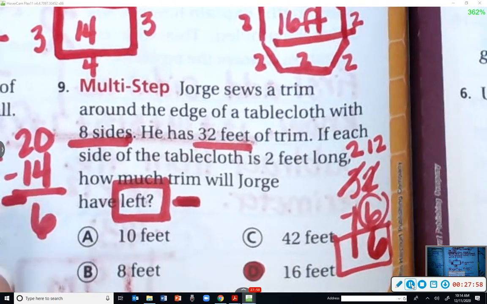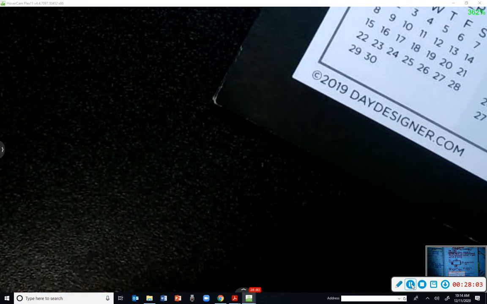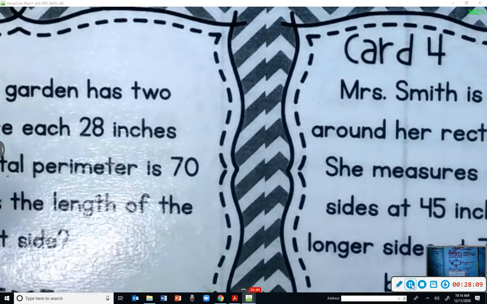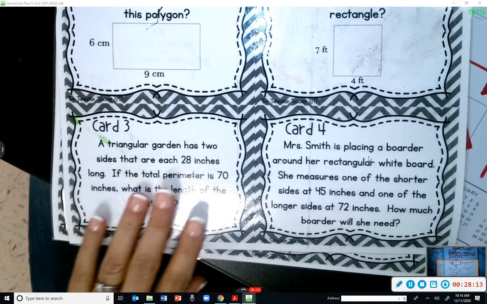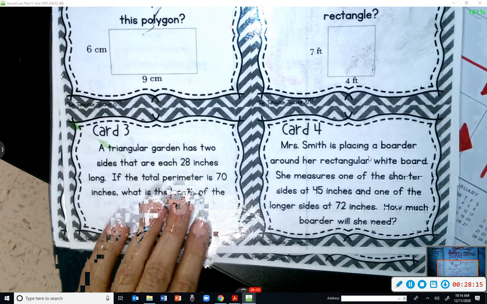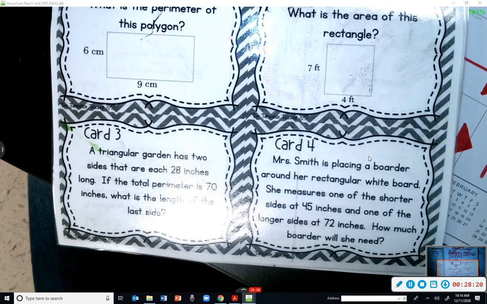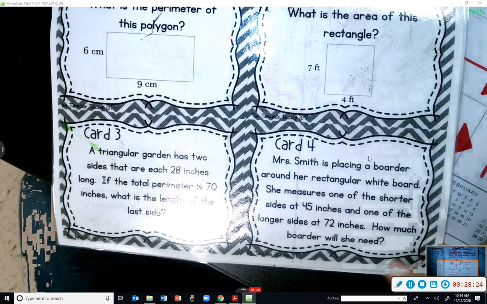Okay. Now for some practice on your own, you're going to get these task cards back that you did for area, and we're going to do certain numbers to practice some perimeter. For bonus, I want you guys to try number 14 and 20, okay? I will write the task card numbers that you need to do on the board.